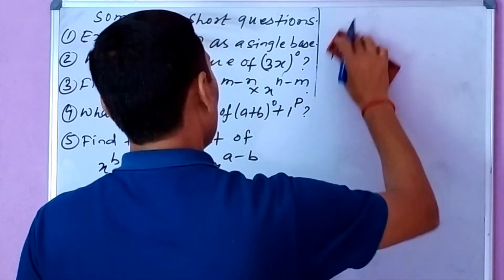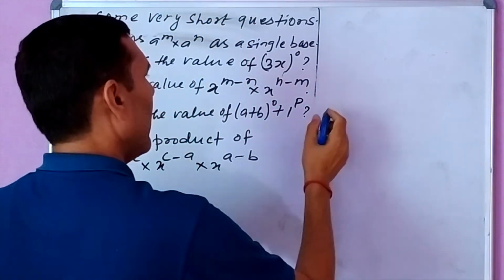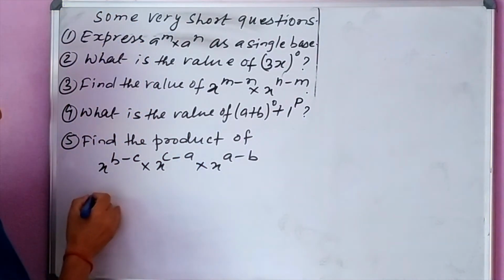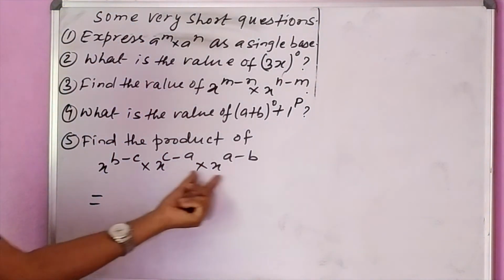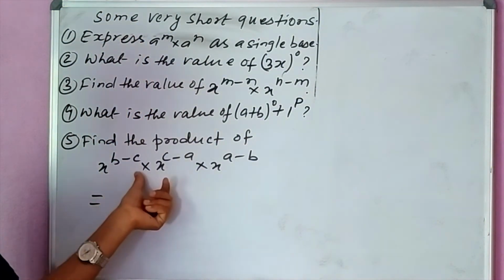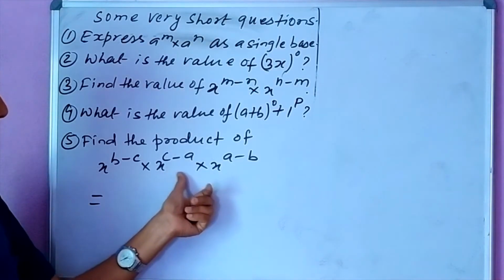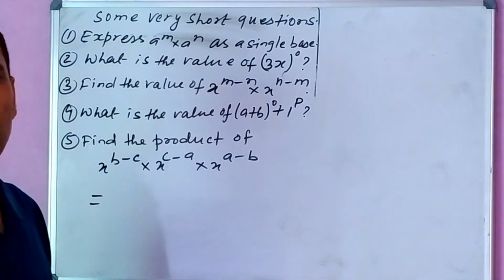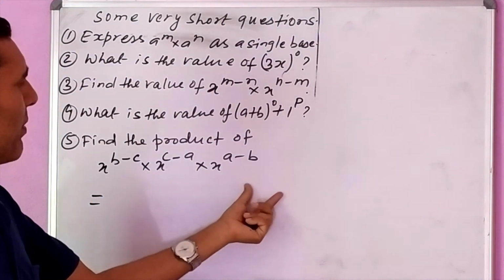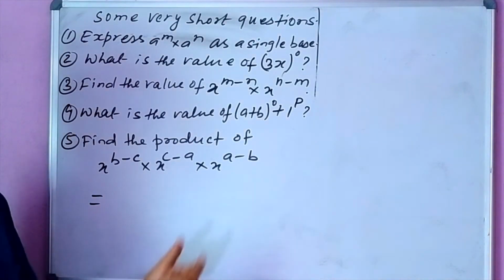And this is number 5, I am doing here. We have to find the product: x to the power b minus c into x to the power c minus a into x to the power a minus b. Here also we have the same base x and it is the product form.